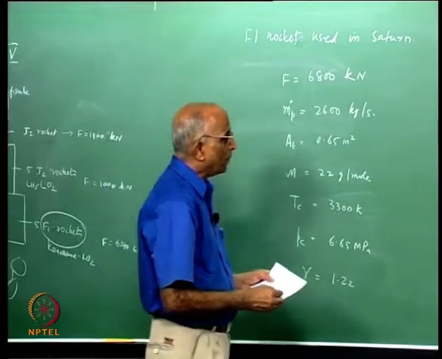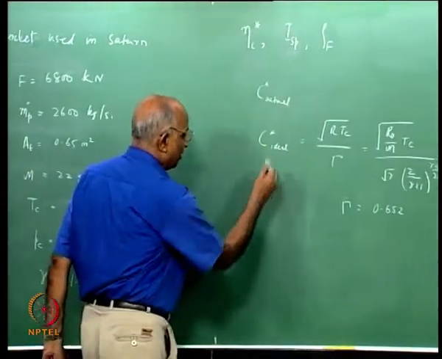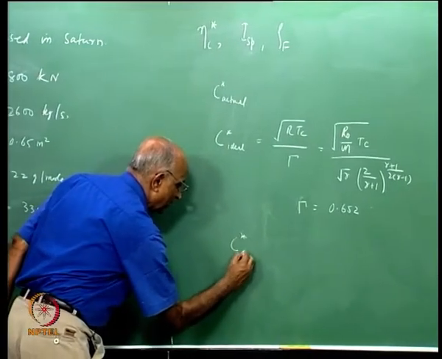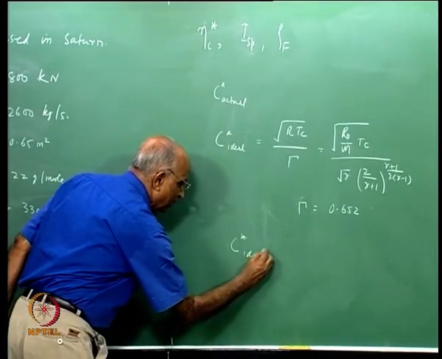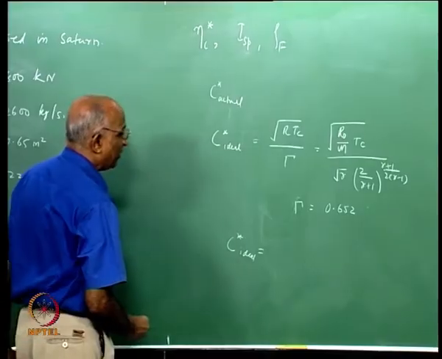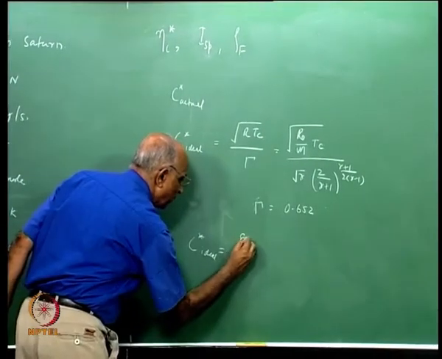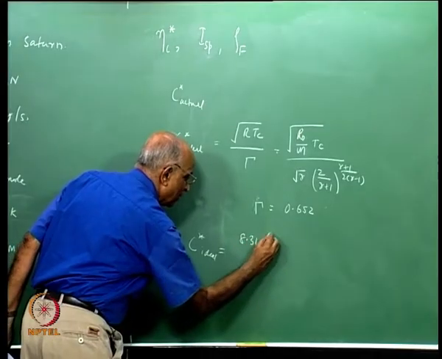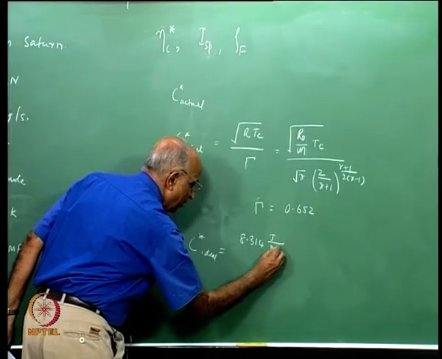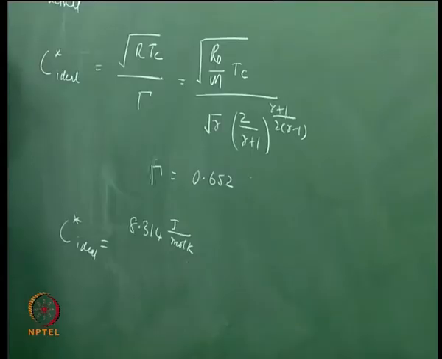And therefore, I want the C star ideal. C star ideal is equal to, now let us substitute the value R naught, universal gas constant 8.314 joule per mole Kelvin. Please write the units whenever we do a problem.